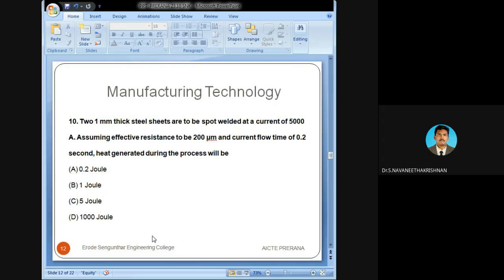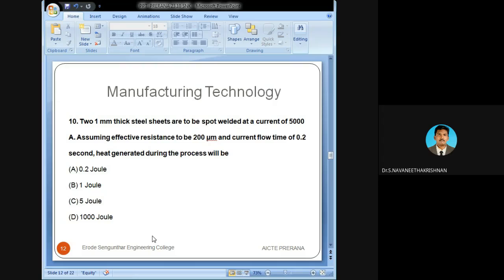The heat generated during the process will be? So we have the joining of two sheets of 1 mm thickness by spot welding, using 5000 ampere current, assuming the effective resistance to be 200 micrometer.